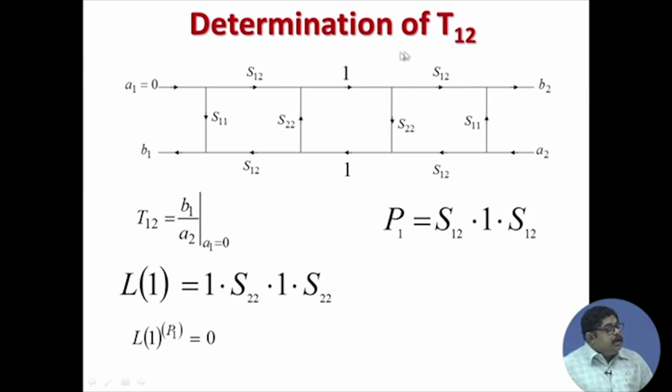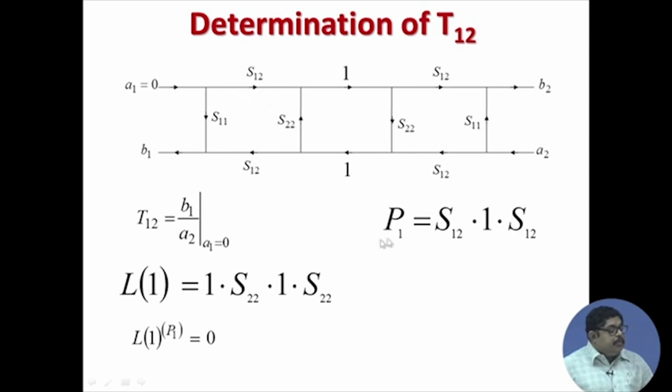Then determination of T12. What is the definition? A1 should now be 0. So, we are putting A1 0, and we will have to find B1 by A2. B1 is this, A2 is this. So, from A2 to B1, how can we come? One path I am seeing directly. So, P1 is S12, S12. Is there any other path? Can I go here? No, this is blocked. Then this is also blocked.